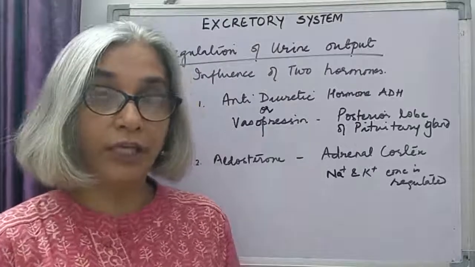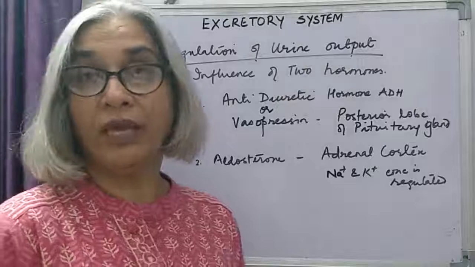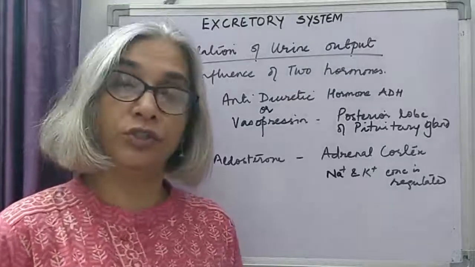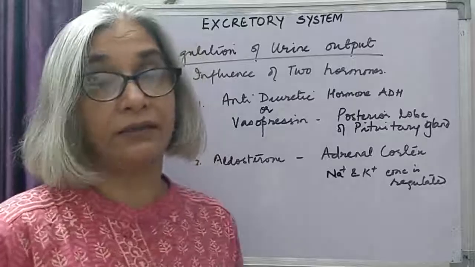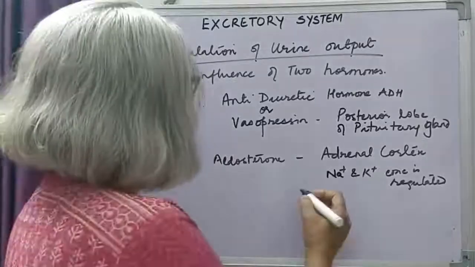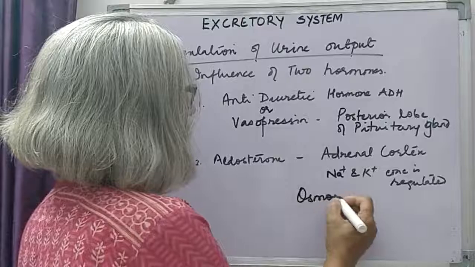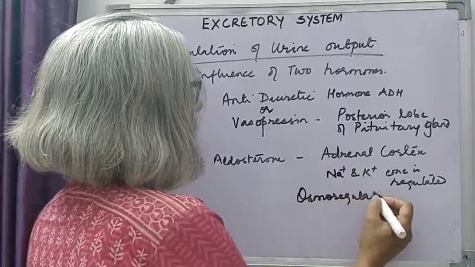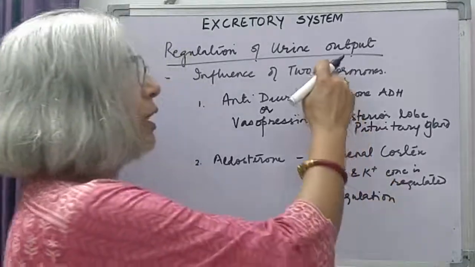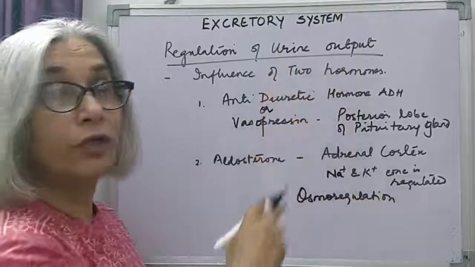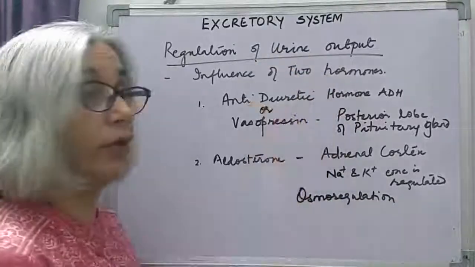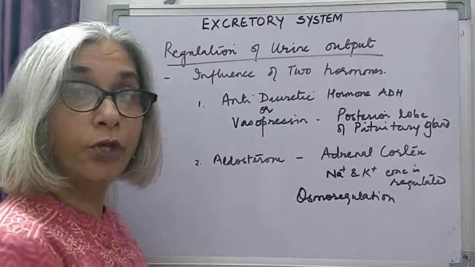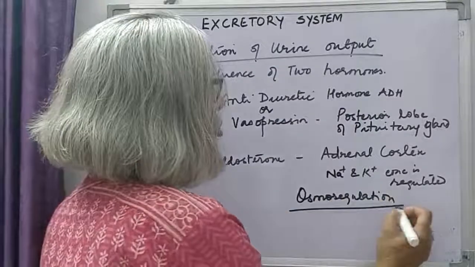Now, role of kidney. First main function of kidney or the chief function of kidney is removal of urea. Besides that, kidney also helps in osmoregulation. What I have explained just now, under the influence of these two hormones, the functioning of the kidney, how the regulation of urine output takes place, is called osmoregulation.